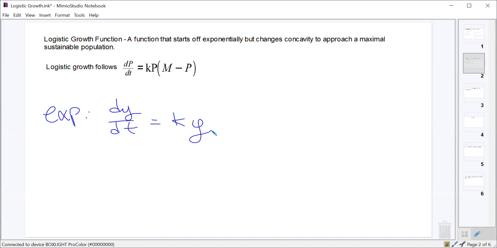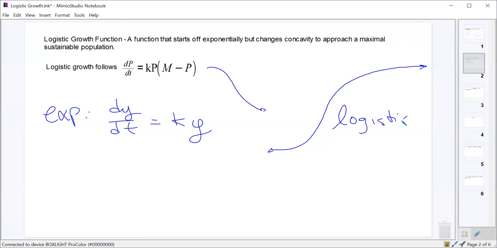Our logistic growth, I'm going to ask this on my drawing now, will start off looking exponential, but then it will level off. And this is logistic growth. It looks like this.